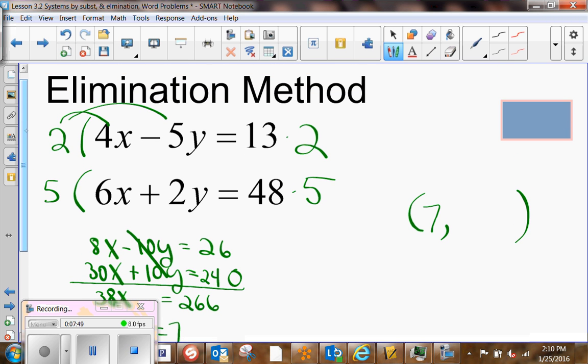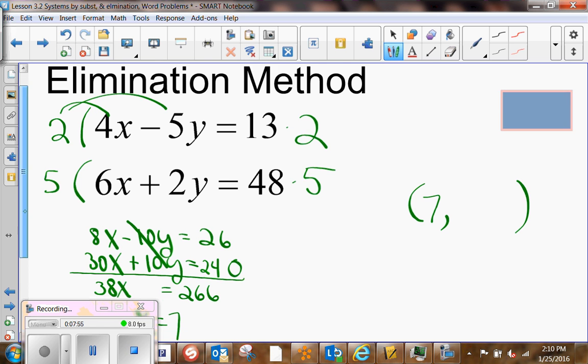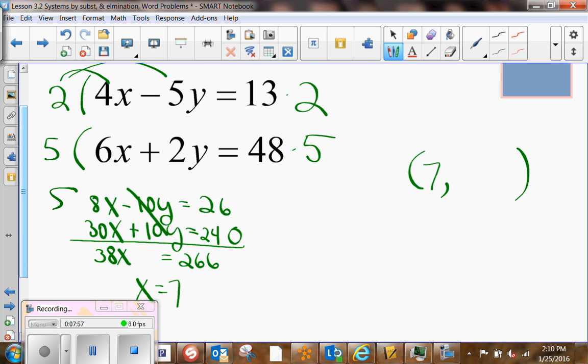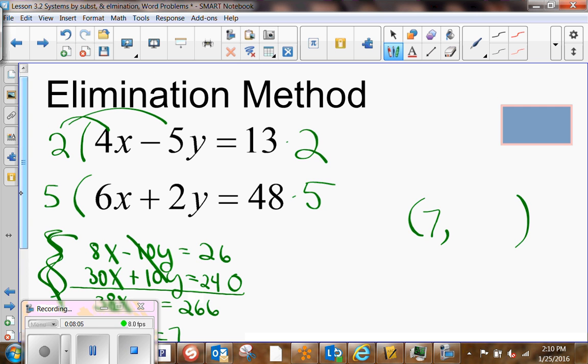Yes, plug it back into one of the originals. Here is a hint. I always suggest using one of the originals, because if you use one of your edited ones down here, and you did something wrong down here, then you could be doubling your mistake. You know what I mean? So take it and put it back in one of the originals. I'd probably do the first one just because 48 kind of scared me.